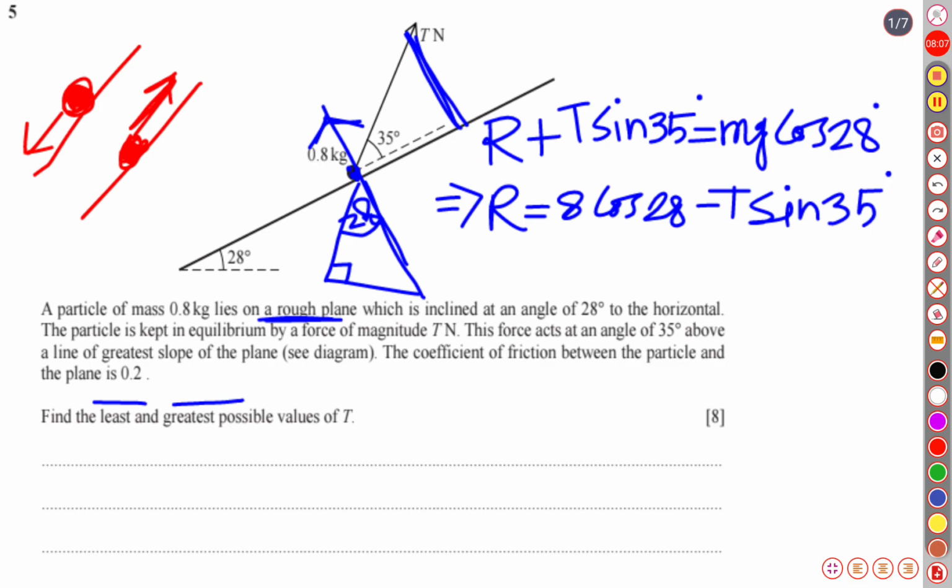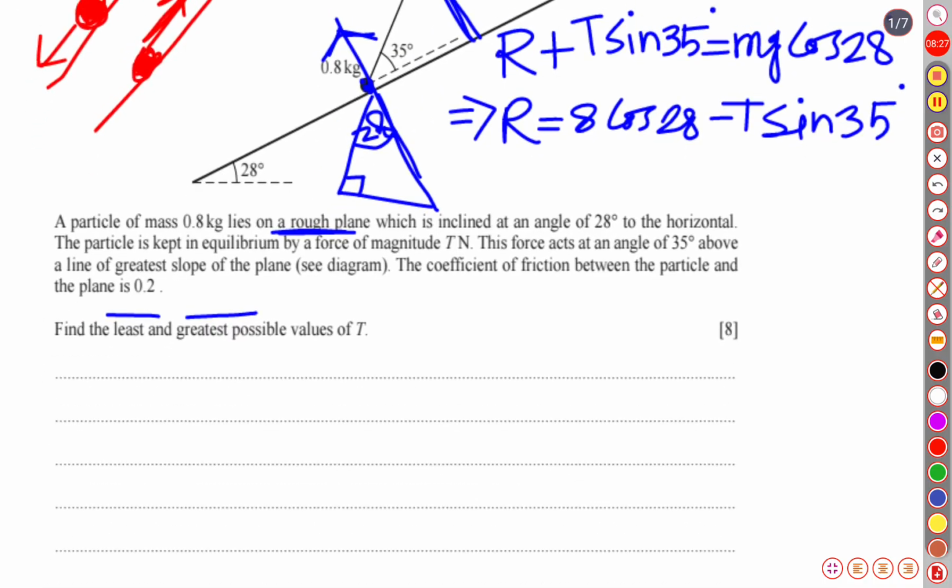So for the least value, the external force is one of the resistance forces, and for the greatest value, tension is the only driving force, and the rest of the forces cause resistance to motion. So one after the other, let us solve this.